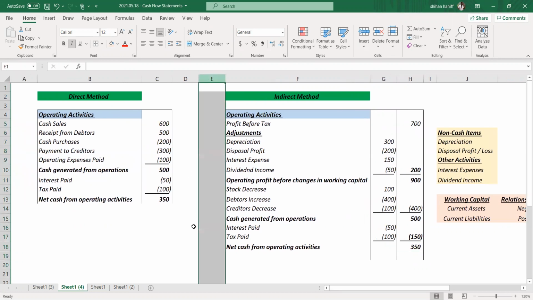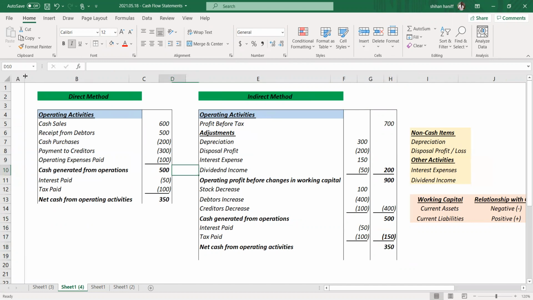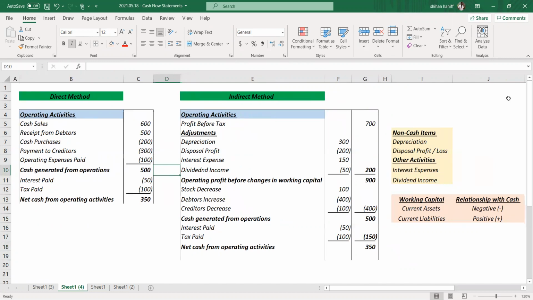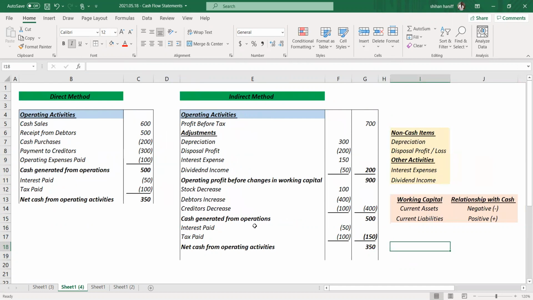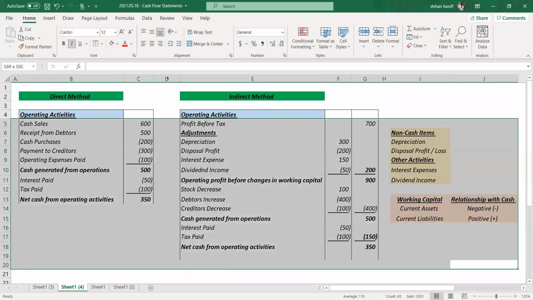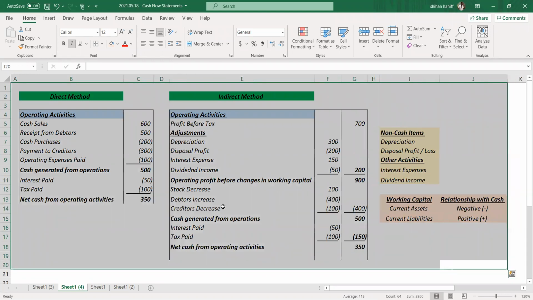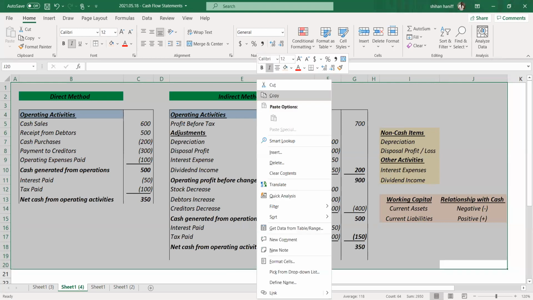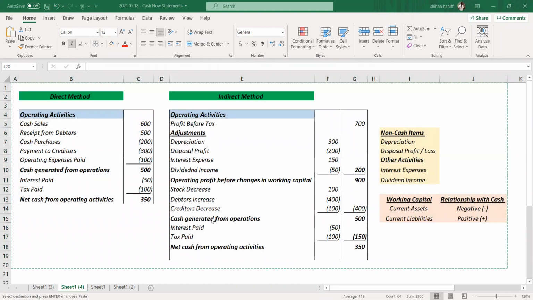Direct method and indirect method. Can you write this? The format of direct method and indirect.